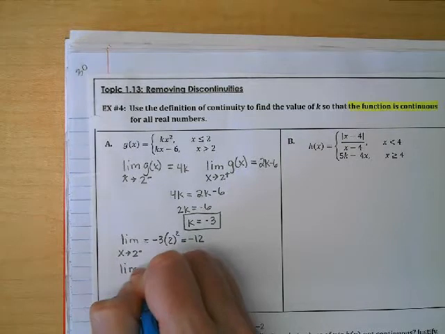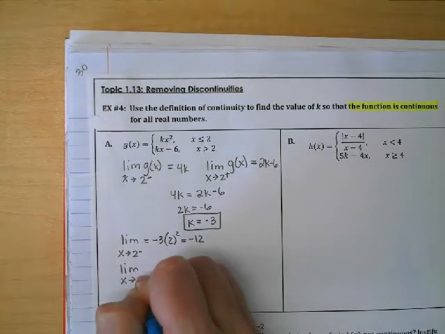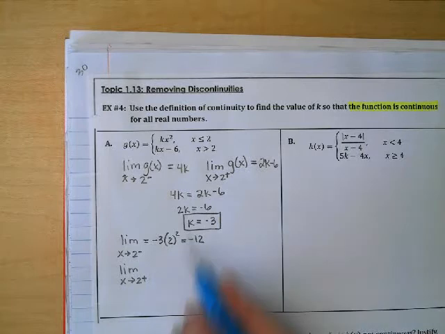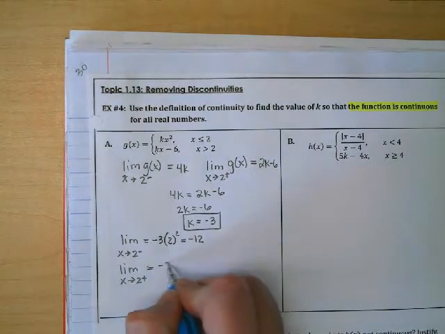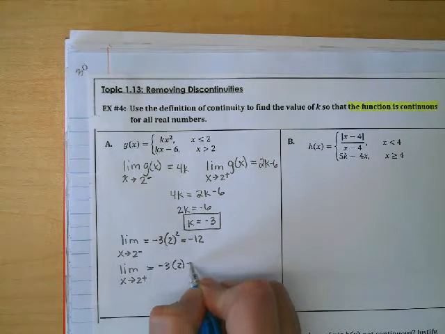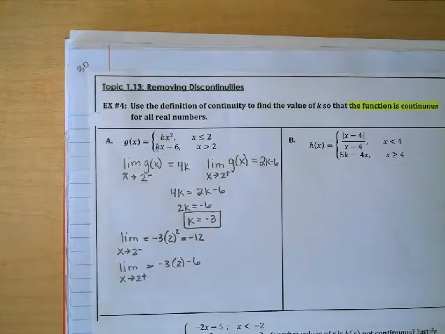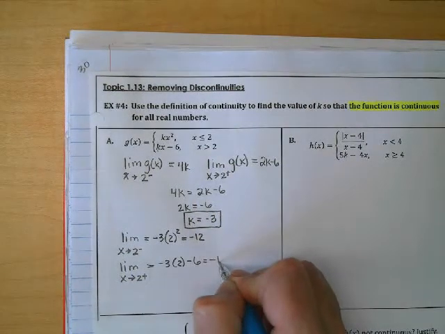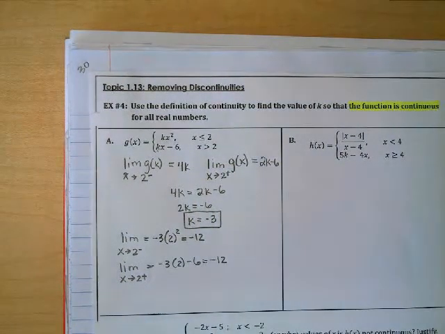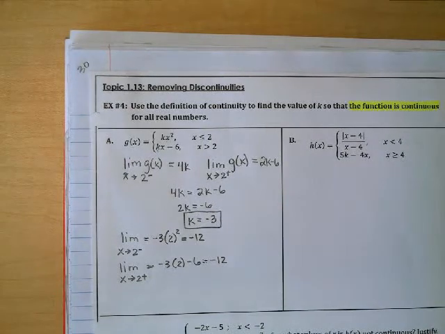The limit as x approaches 2 from the right, with k negative 3, is negative 3 times 2 minus 6, so that's going to also be negative 12. So we know that the limit as x approaches 2 exists and is equal to negative 12.